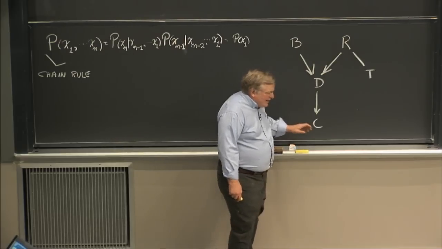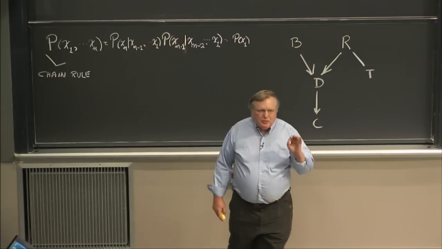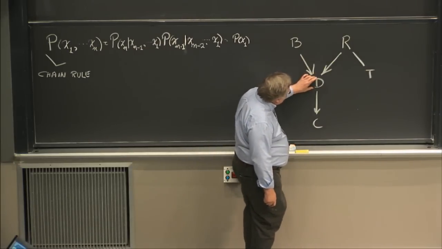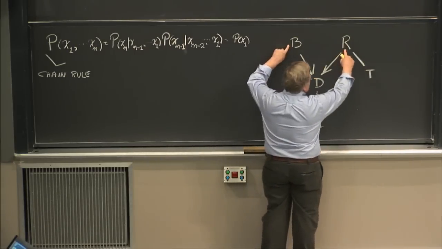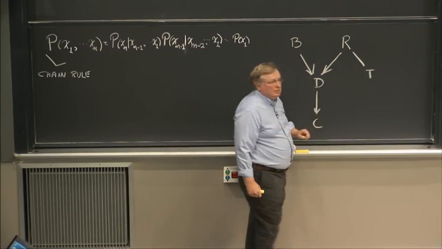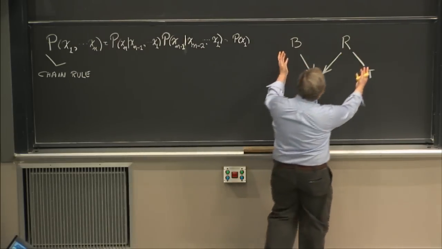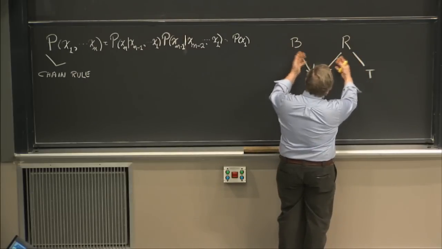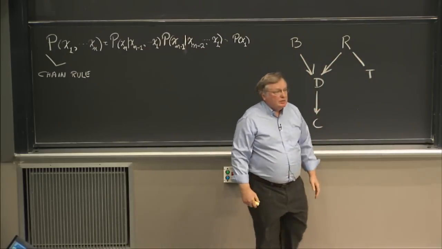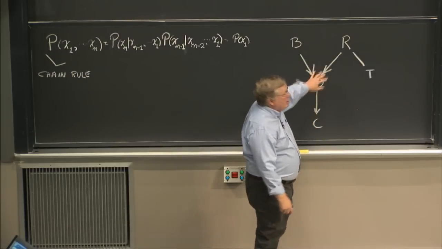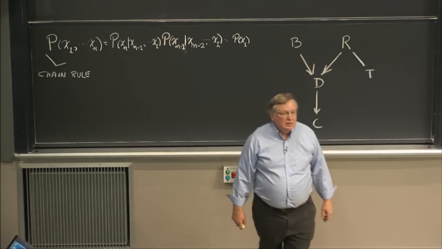Independent of any non-descendant given its parents. So that means that the probability of the dog barking given its parents doesn't depend on T, the trash can being overturned. Because the intuition is all of the causality is flowing through the parents and can't get to this variable D without going through the parents.